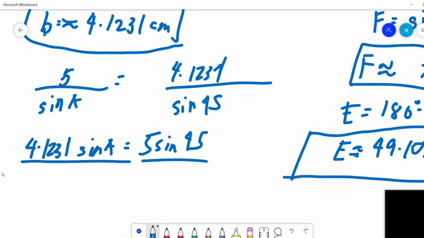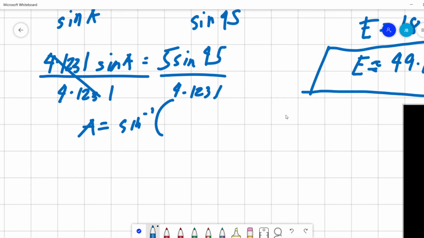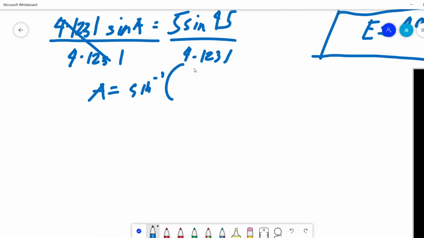So A is equal to the arc sine of 5 sine 45 all over 4.1231.